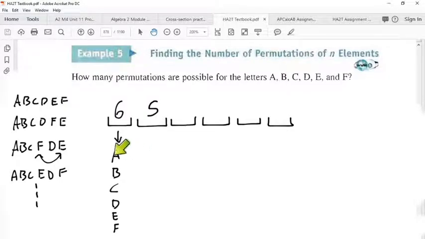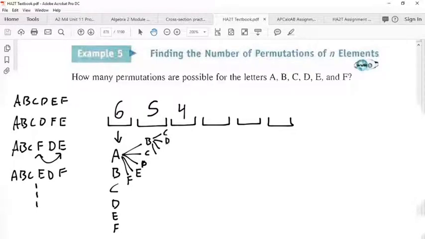So you have 6 options. But underneath the 5, we're only going to have 5 options. So let's say A finished first. How many options are there? B, C, D, E, F. That's a lot, isn't it? And then after that, there's 4 options for third place. So that means for each of these, there's 4.